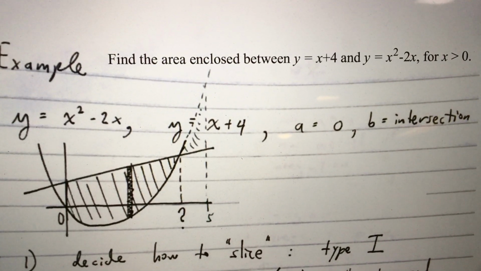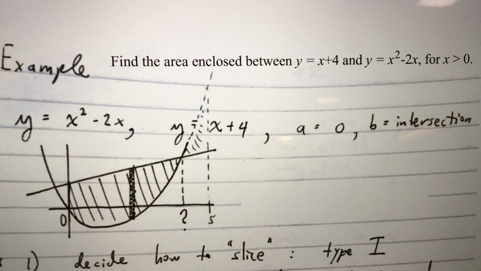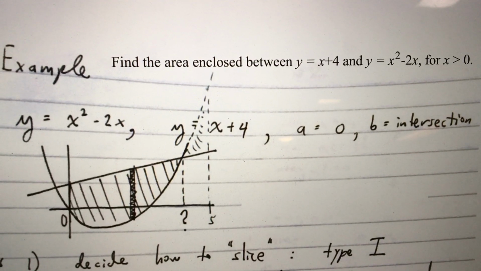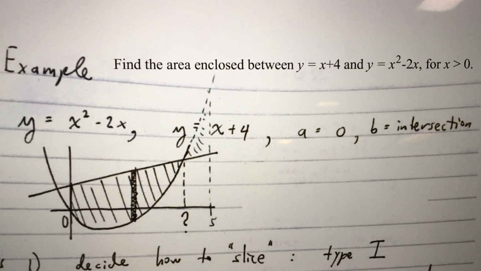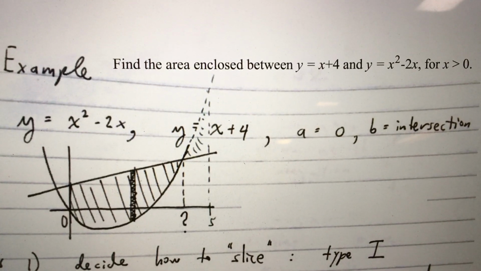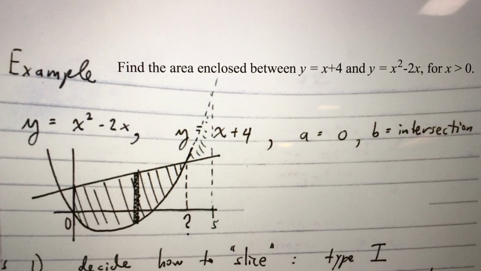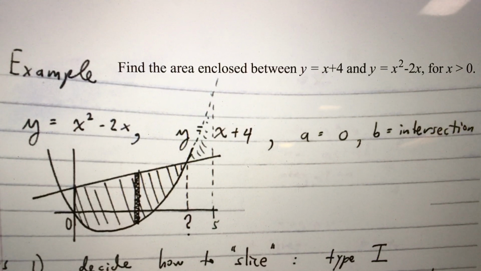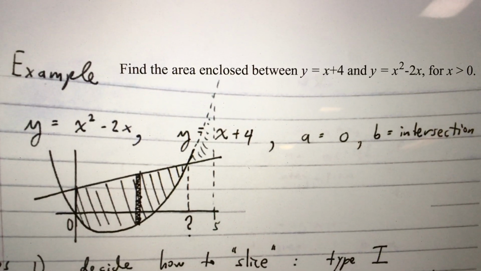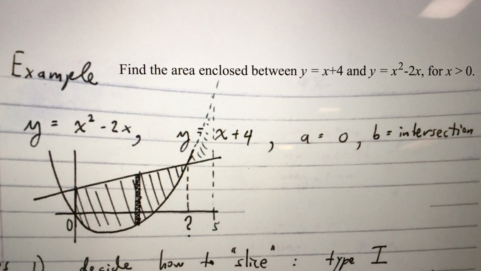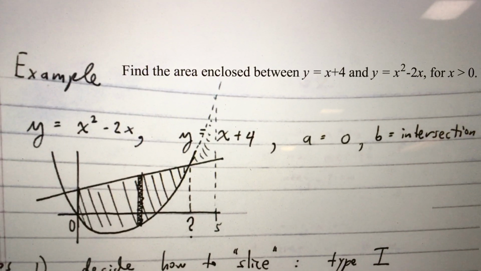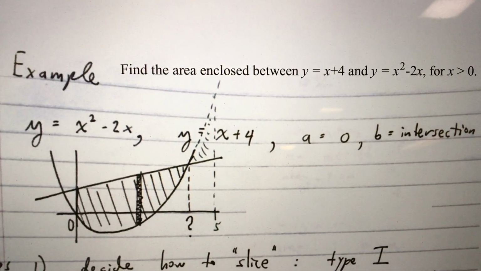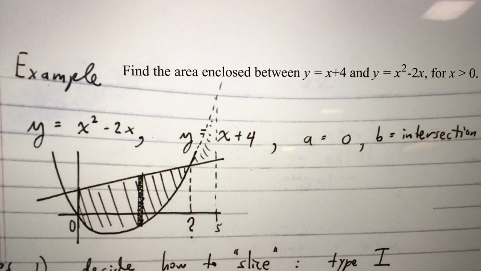Y equals x plus 4 is a straight line, and it has a slope of 1, and it intercepts the y-axis at 4. That's the straight line there. And x squared minus 2x is a parabola. It opens upwards. You can find pretty quickly where its vertex is. Since you have calculus, you can find the vertex by taking the derivative and setting it equal to 0.